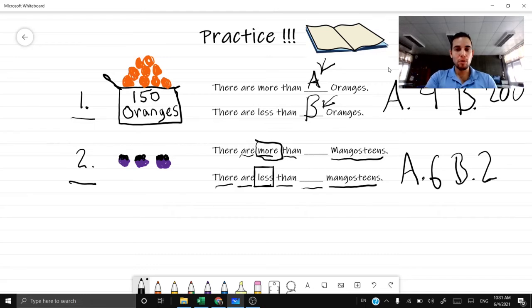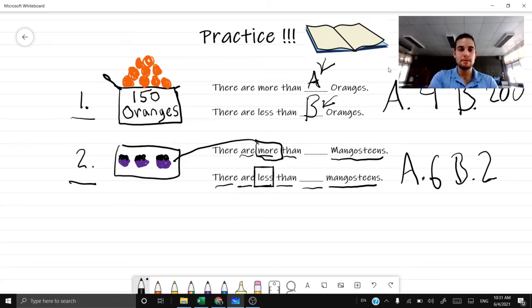So if we see more, there are more than, this number has to be a number smaller than this. So which one is smaller than 3 mangosteens? A or B? I'll give you a minute to choose your answer. Ready?